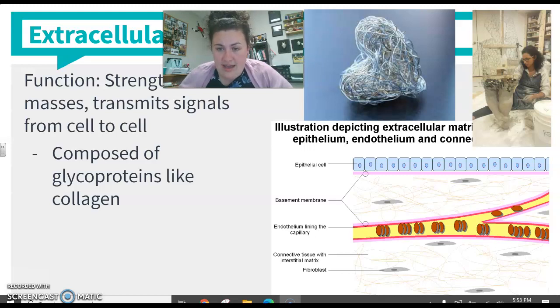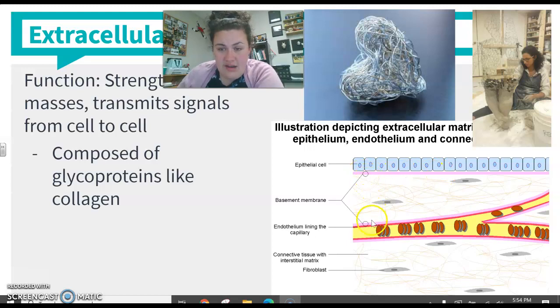So here we have a good example of the extracellular matrix. Okay, so this is a sample of us looking at skin, and here's muscle, and then here is a blood vessel that's going through. Okay, so we have these epithelial cells that are lining the top up here, and then we have some basement membrane, which is not cellular.